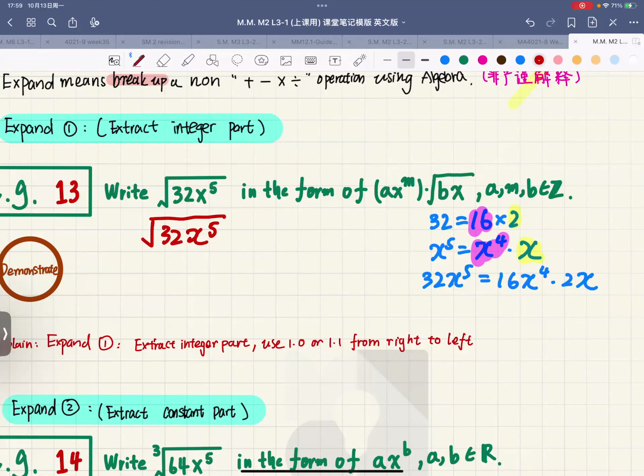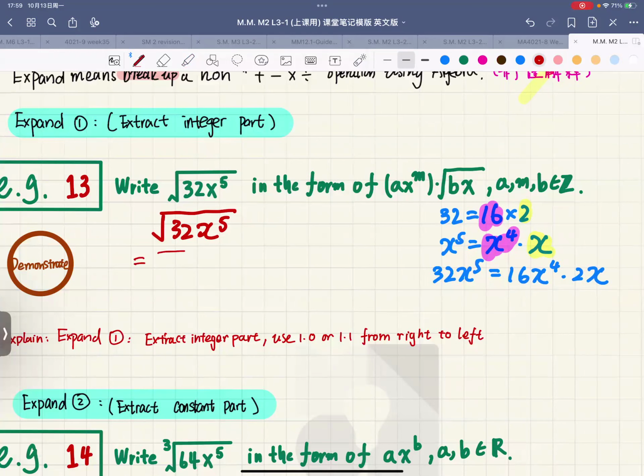This one is equal to the square root of, all right, we just break it up on the right-hand side. Now we need to take out something, right? We need to take something out. But before we take it out, we need to break it up.